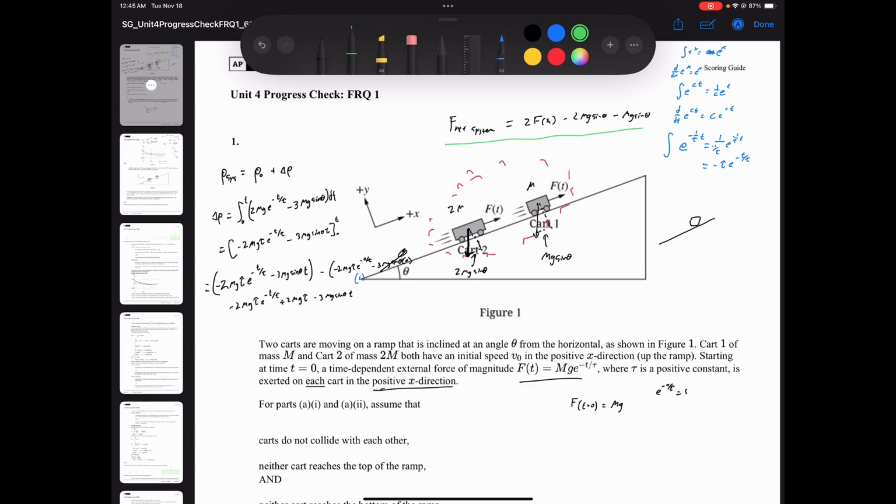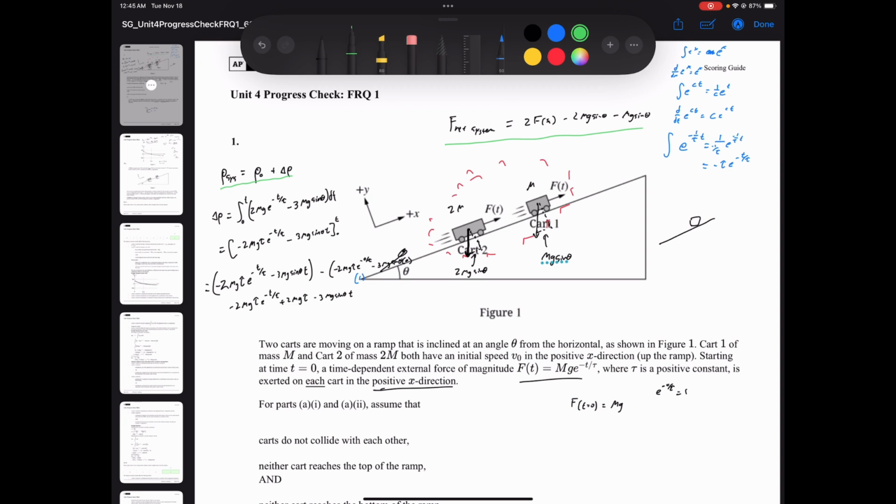And then the way we're going to derive an expression for the momentum of the system, we know that it's going to equal the initial momentum of the system plus the change of momentum that's acting on the system. That change of momentum is going to be changing as time goes on, because the net force on the system is changing with time.